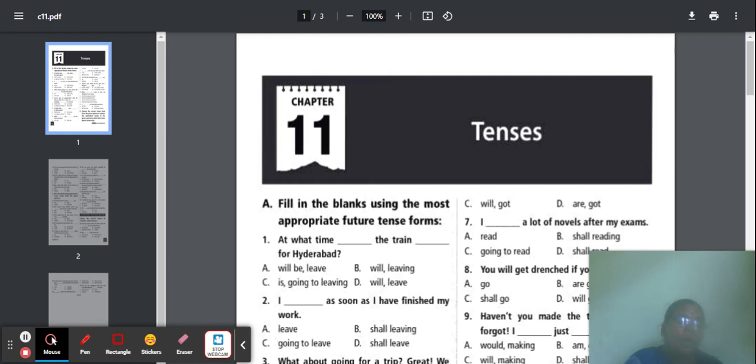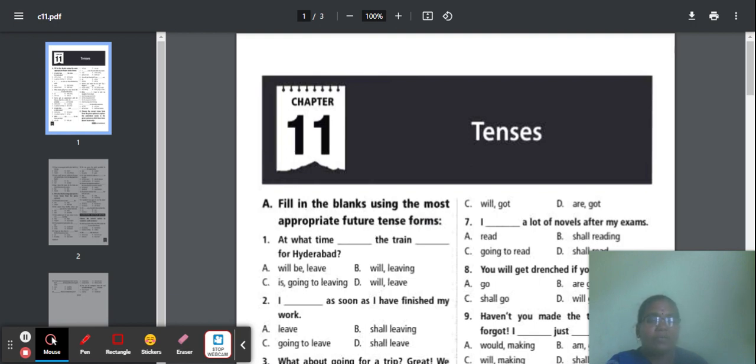I shall drive a car. We shall drive a car. You shall drive a car. Second person plural also, you shall drive a car. Third person singular, he will drive a car, she will drive a car, it will drive a car.